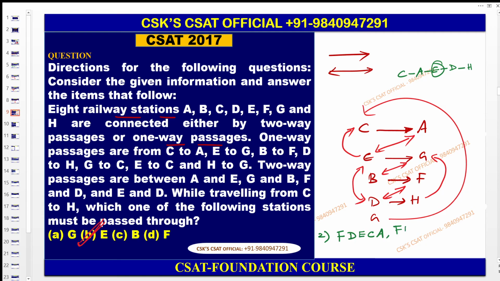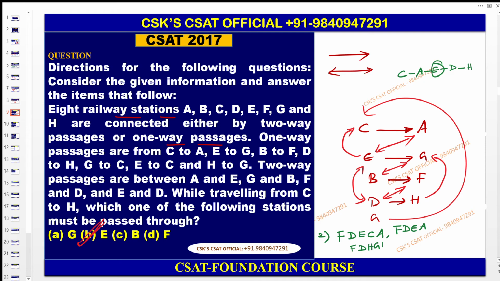F, D, E, A. So second option there. Then F, D, H. Then we can go with the G. Then we have to come back.